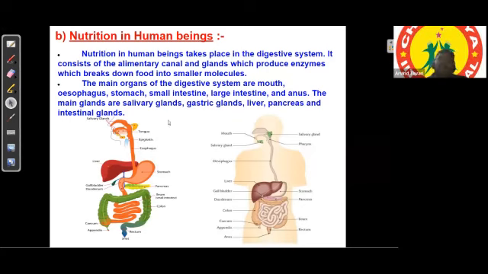Okay. See, I'm giving you the points. The first point is that the liver secretes bile juice and helps in the digestion of fats.